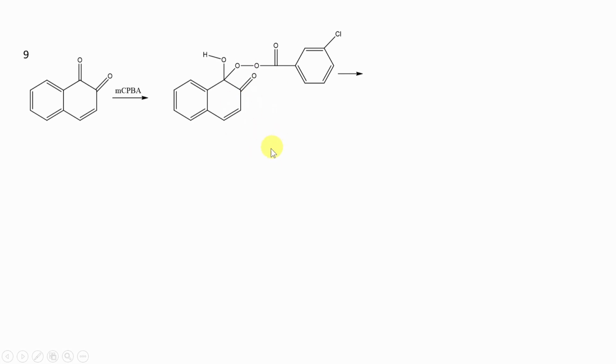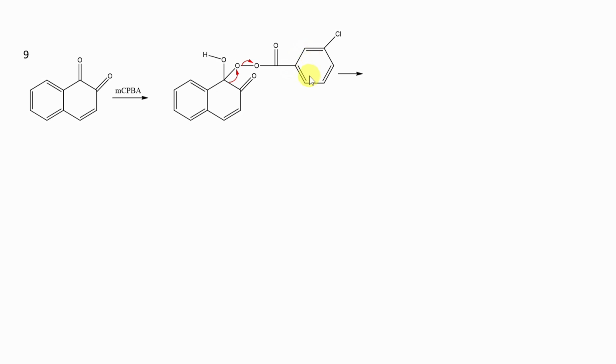And then next, the rearrangement or shifting of this alkyl group towards this oxygen. You can see the shifting of this alkyl group to this oxygen, whereby bond rupture takes place with the elimination of metachlorobenzoate ion.